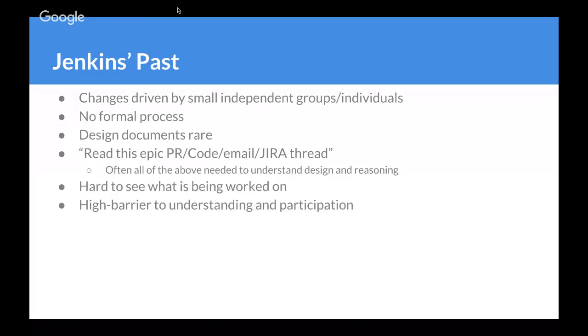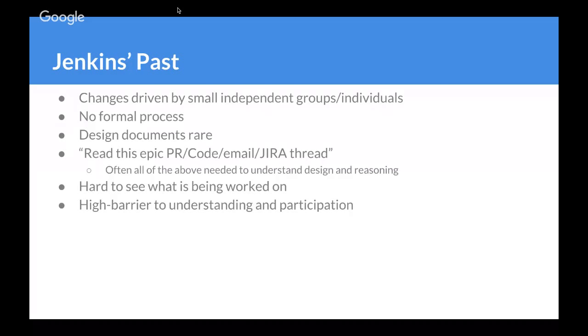And when people have come in to the Jenkins user mailing list or IRC, or the Jira, or any of the other ways that you interact with the project, and they say, I'd like to contribute to this area, or I use this and I want to help, where do I find the design information?